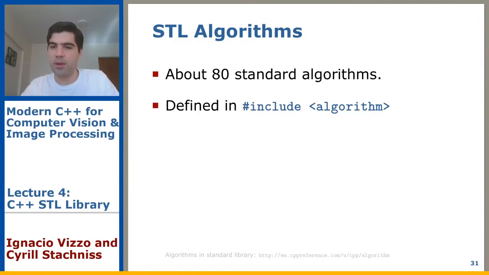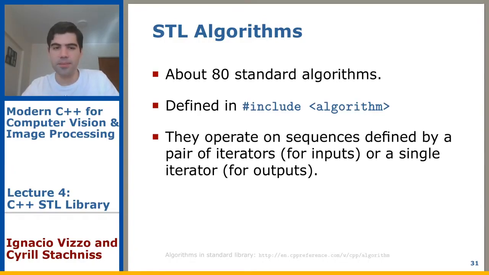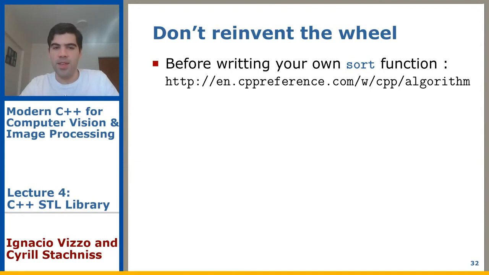They are defined in the algorithm library, in the algorithm header file. It's part of the core C++ library, so it's not a third-party library, so you already have this. They operate on sequences defined by a pair of iterators for inputs or a single iterator for outputs, depending on what you want to do. And the key message is: don't reinvent the wheel.